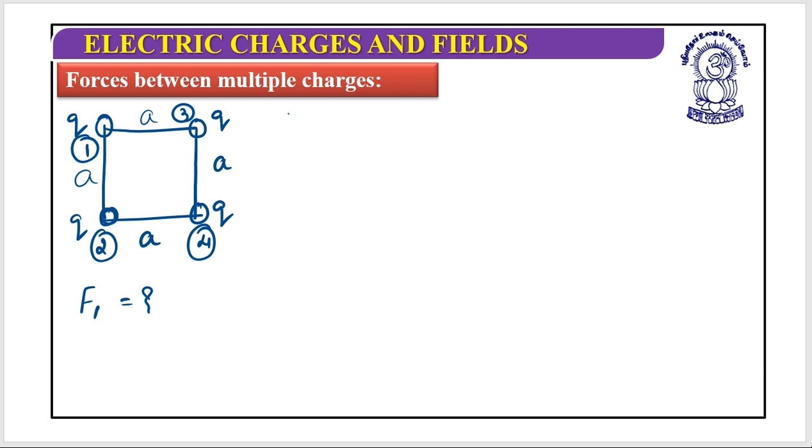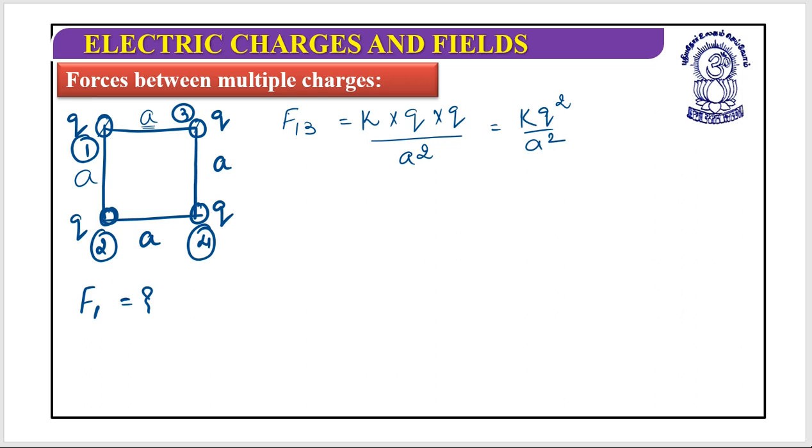So let's find the force on the first due to the third. The distance between first and third is a. So what you will write is F equals K multiplied by the first charge Q multiplied by the second charge Q divided by the distance between these two squared. So this equals K Q square divided by a square.